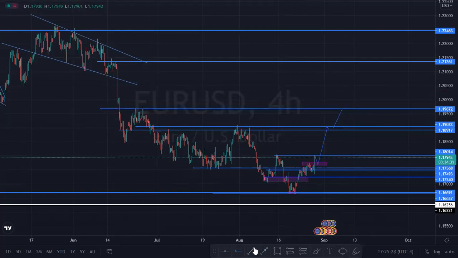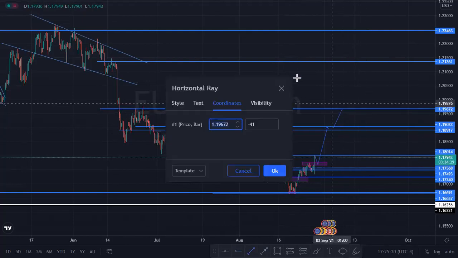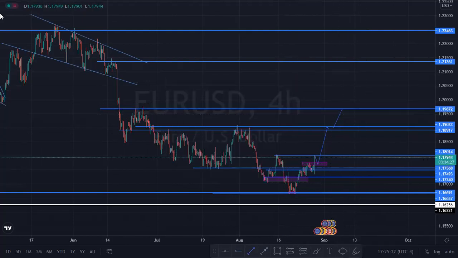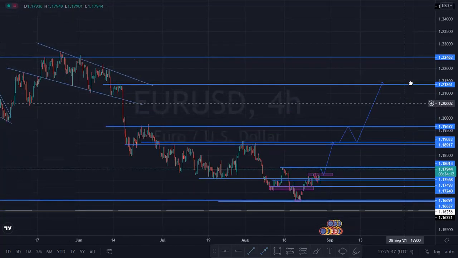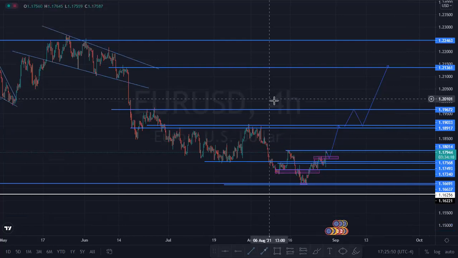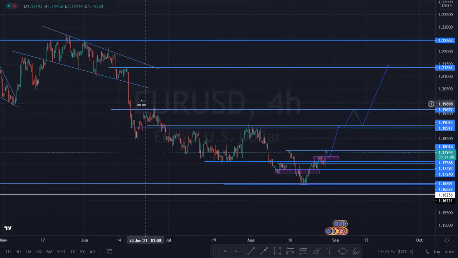Then we'll have a retest to this zone, then up to this level.